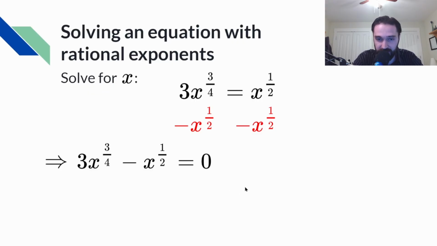If we have something times something equals 0, we can set each thing equal to 0. Before we factor this, let's turn this 1/2 power into the 2/4 power. I'm getting a common denominator just to make sure everything has a denominator of 4.